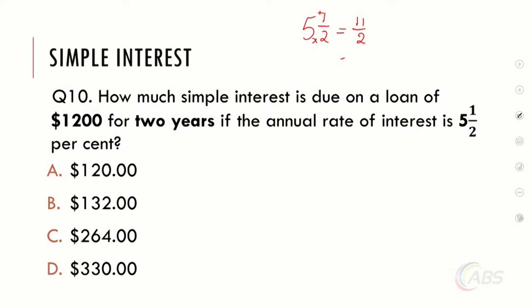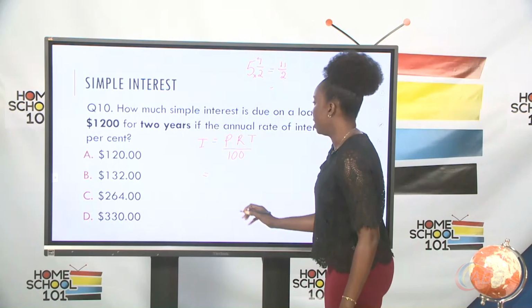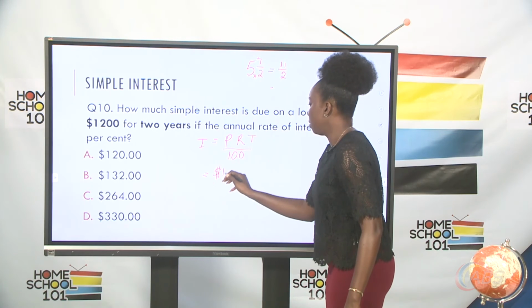We're going to put the different parts into the formula that we already know, which is PRT over 100, because what they want to find is the interest. Our principal here is 1,200.